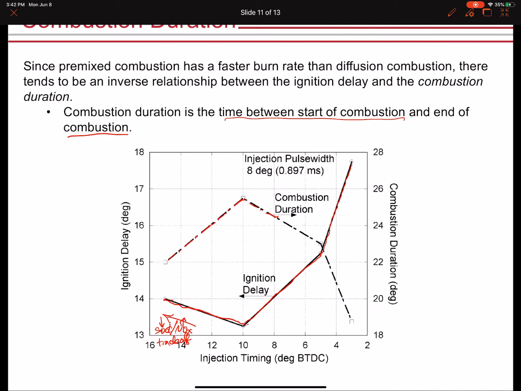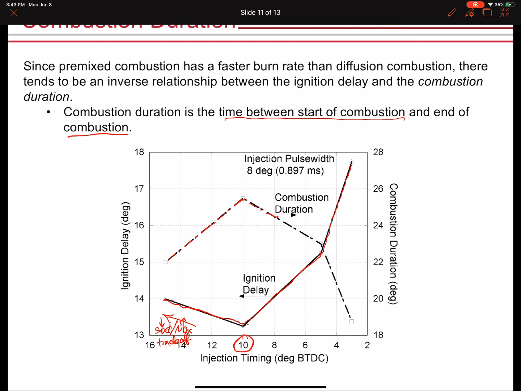So we then say, okay, what happens if we create a premixed burn by retarding injection timing? That was one of the things that I looked at in my PhD. What you see by retarding the timing from this 10 degrees before top dead center is that eventually we overcome the hump of the piston motion, and the cylinder temperatures begin to drop again.